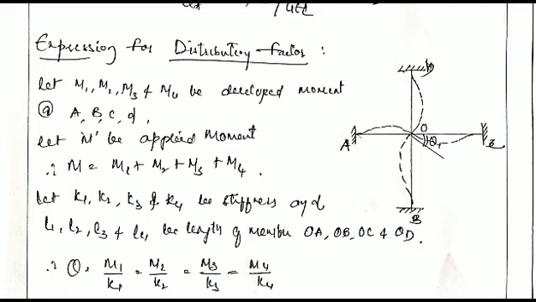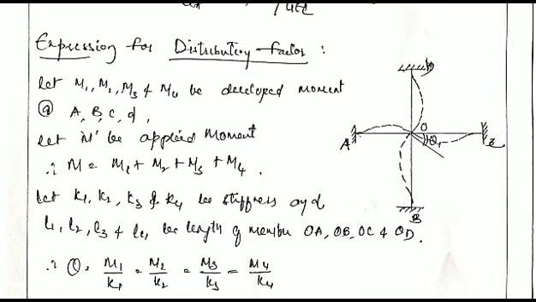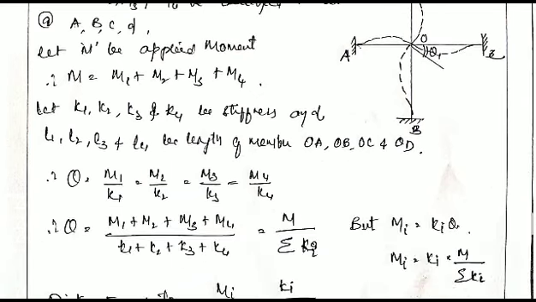From the diagram we can clearly conclude that M equals M1 plus M2 plus M3 plus M4, that is, the applied moment equals the sum of the developed moments at the far ends of the members connected with this joint. Let K1, K2, K3 and K4 be the stiffness of the individual members connected at this joint, and let L1, L2, L3, L4 be the lengths of the members OA, OB, OC and OD.